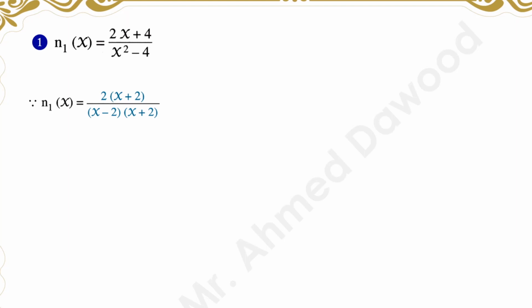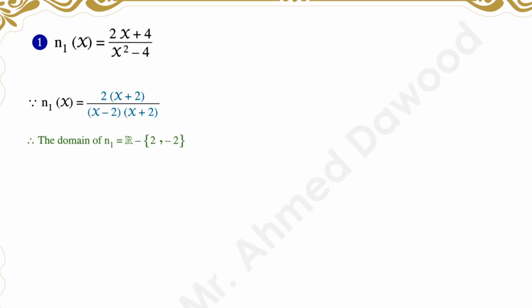Before canceling the similar expressions from the numerator and denominator, write the domain. Don't forget, write the domain before removing similar expressions. The domain of n1 is all real numbers except the zeros of the denominator, which are 2 and -2.